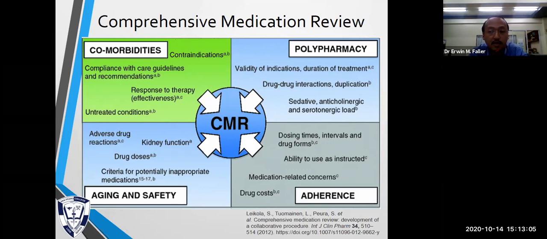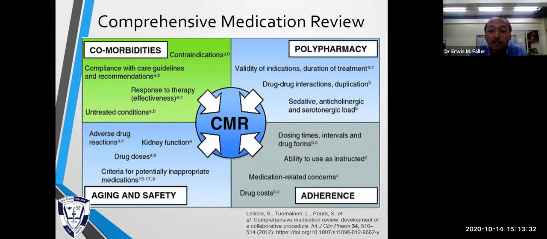We take note that there are some drugs which have a very narrow therapeutic index. We need to take note of that in terms of safety. In the narrow therapeutic index, there is only a thin line in terms of potential toxicity. Also under aging and safety is the appropriateness or inappropriateness of a particular drug.